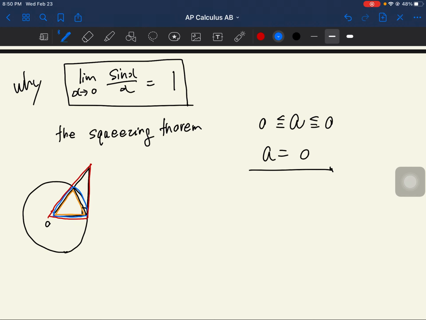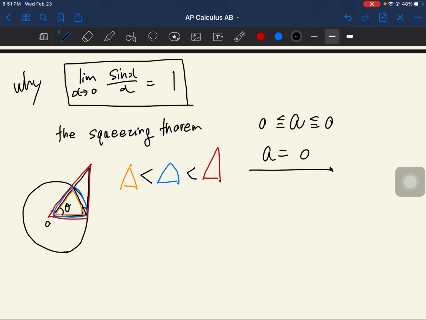Of course, you can simply compare: this triangle is smaller than the blue one, and this is also smaller than this red right triangle. Let me just use the formula to calculate these areas.